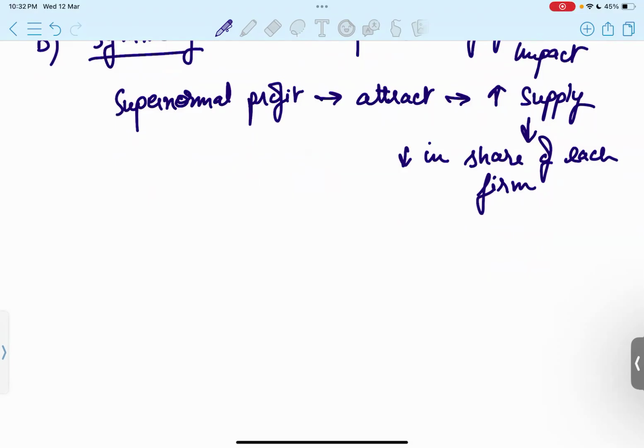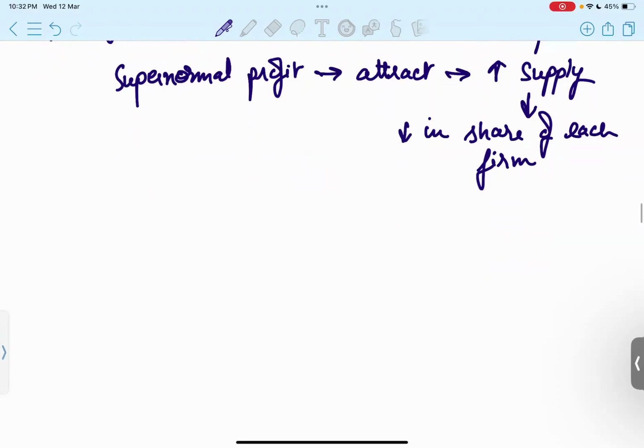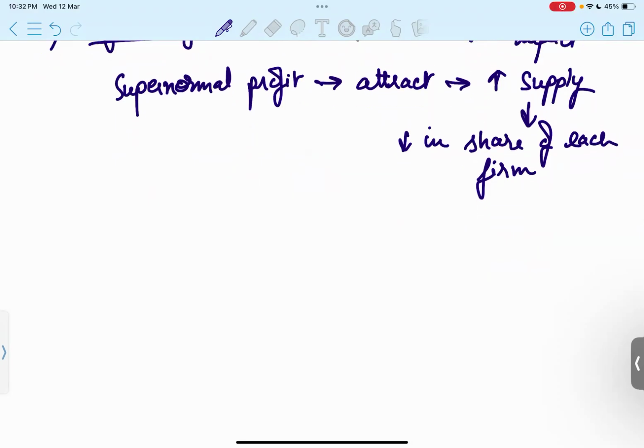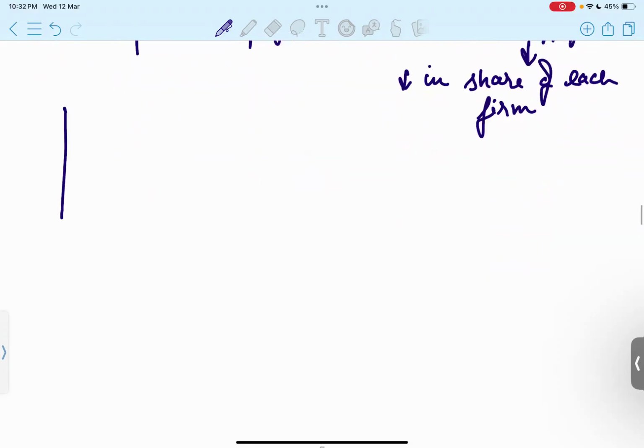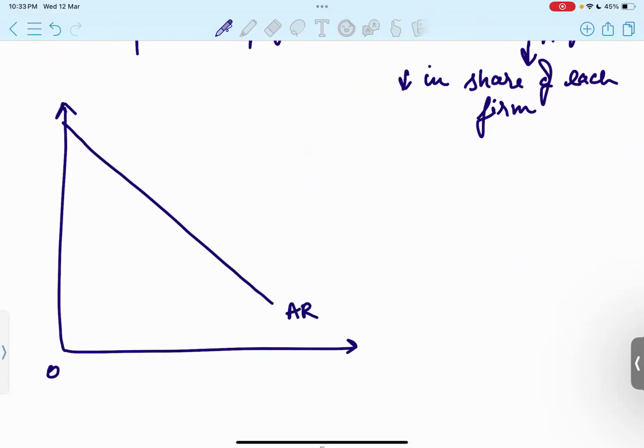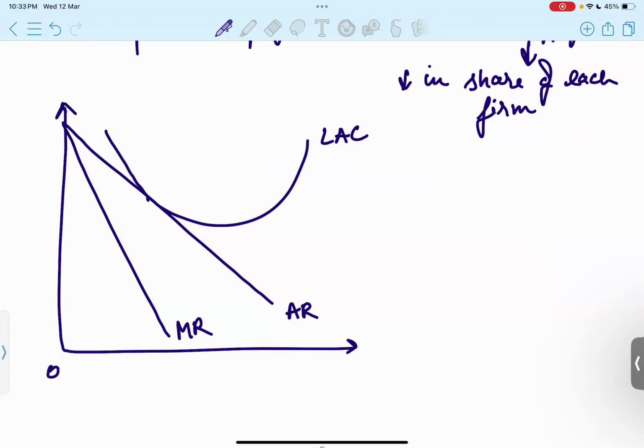Now, the new firms will keep entering the market until we see again the equilibrium condition under the long run, which we will depict graphically. So this becomes the long run average cost, and this is the long run marginal cost curve.